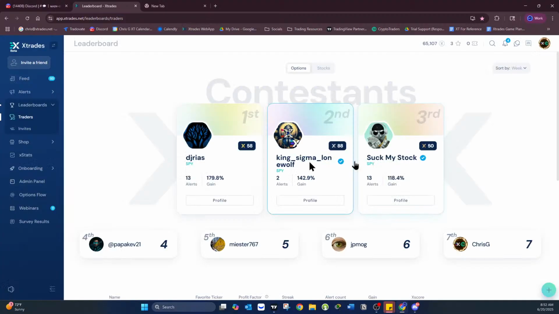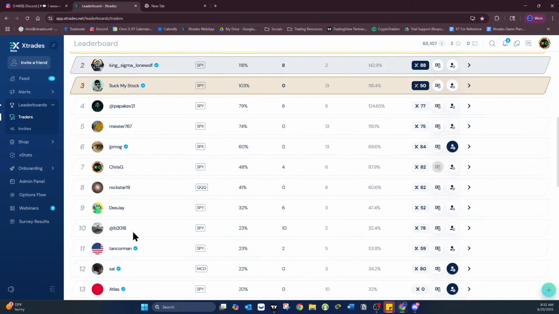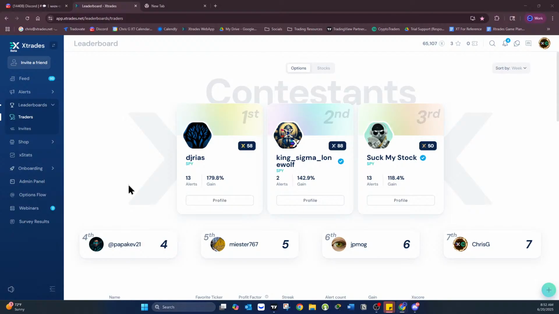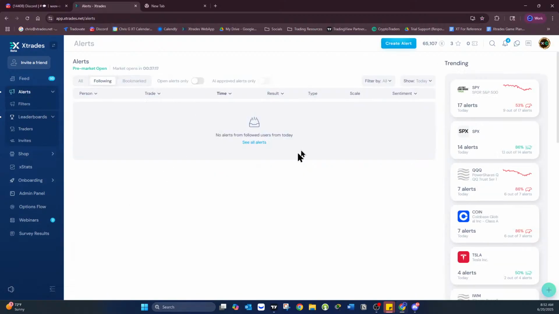I'm proud to say that I've helped a lot of people who ended up on the top of this leaderboard, or got used to trading and posting their own trades, and then using the app as their own journal. I'll start to talk about the app, but first we'll get into Discord, and any questions along the way, feel free to ask.